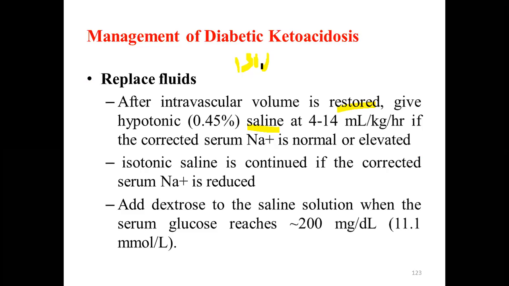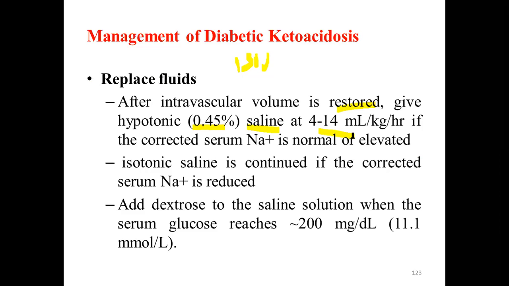So for that reason, you use both fluids in managing DKA, depending on the sodium level. If the sodium level is normal or high, we can use hypotonic saline. If the sodium level is low, we can use normal saline. But generally, you give normal saline initially, and after that, when intravascular volume is restored, you can consider hypotonic saline with this much amount.